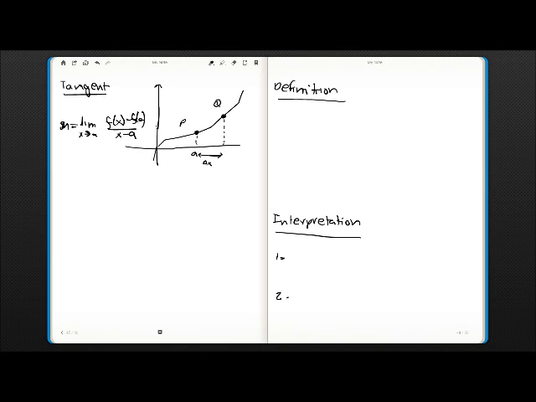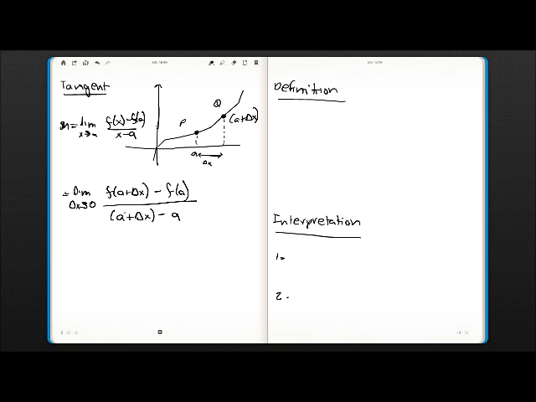So if you're adding delta x, that means delta x has to approach 0, and the two points are a and a plus delta x. So let's put that in. Limit as delta x approaches 0 of f at a plus delta x minus f at a all over a plus delta x minus a.